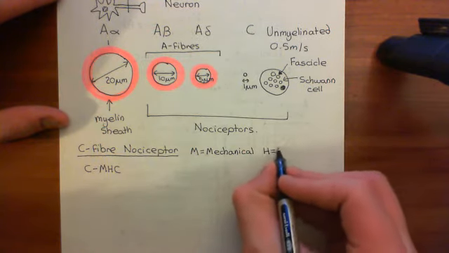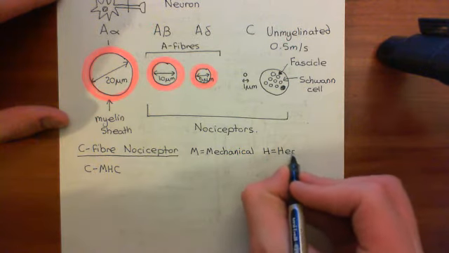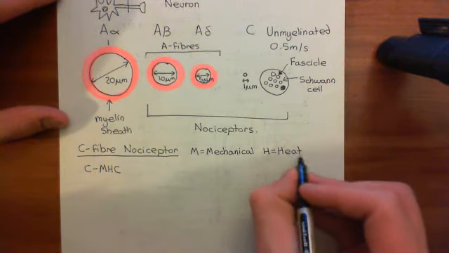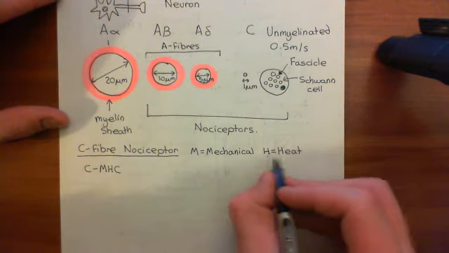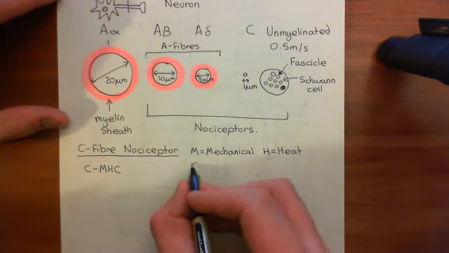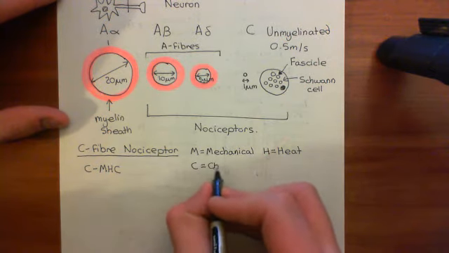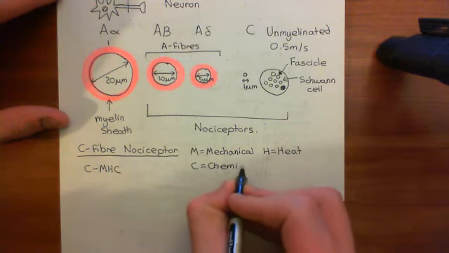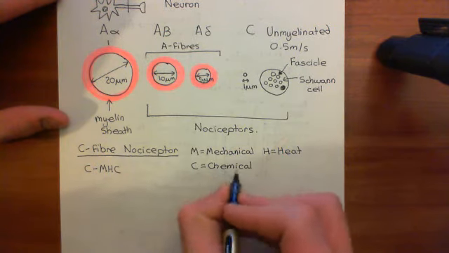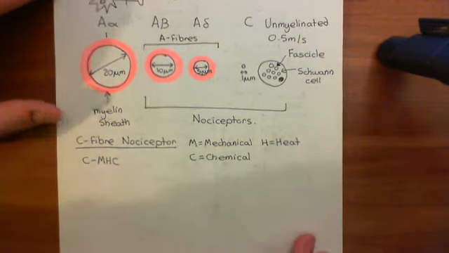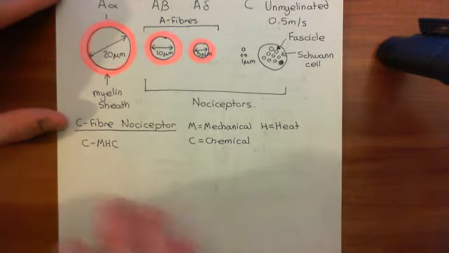H stands for heat, which tells us that this nociceptor will respond to heat stimuli, so either too hot or too cold. And the C stands for chemical, which tells us that the chemical mediators of tissue damage will also stimulate this C fiber. So basically, these C fibers are stimulated by absolutely all of the categories of noxious stimuli.